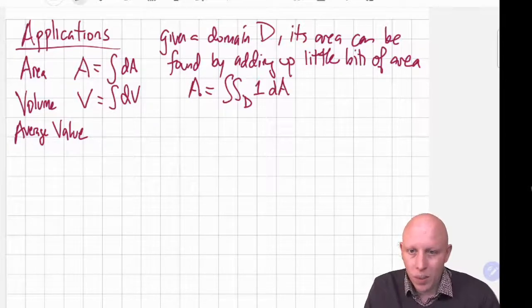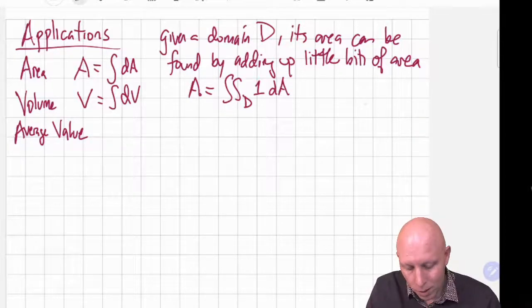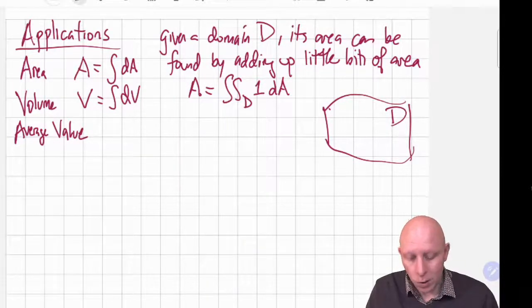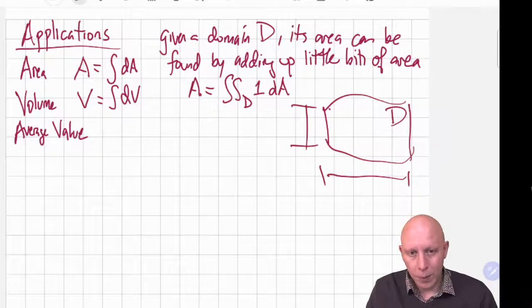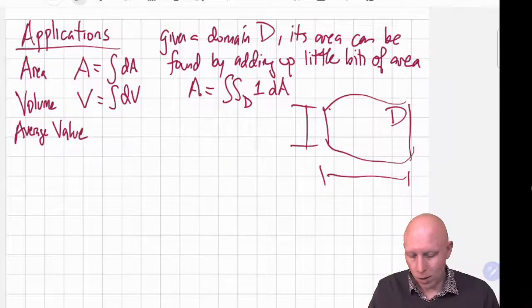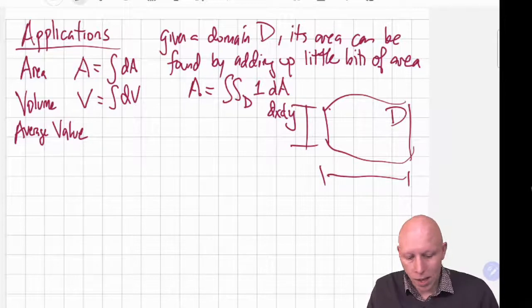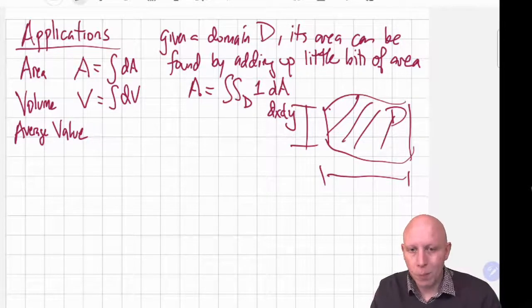So we're in the situation where we have some region, and we'd like to figure out what the area of this domain is. Well, if we can set up a double integral with respect to x and with respect to y, then when we take the double integral of this, maybe dx dy or dy dx, we're going to get the area of this domain.